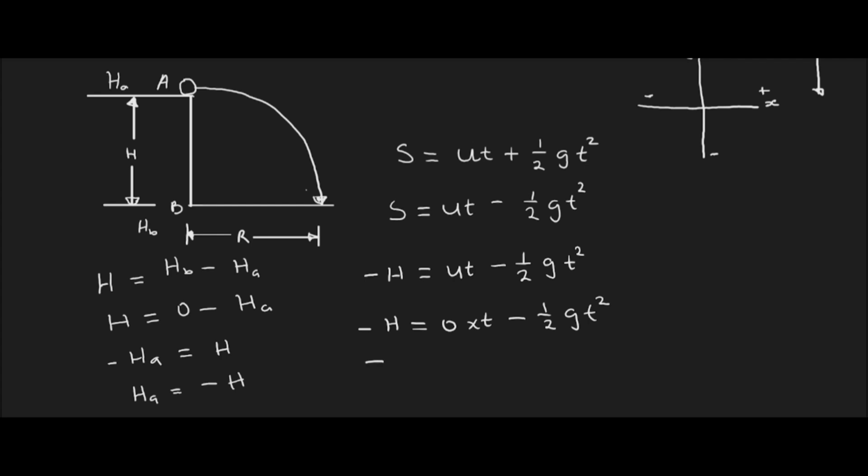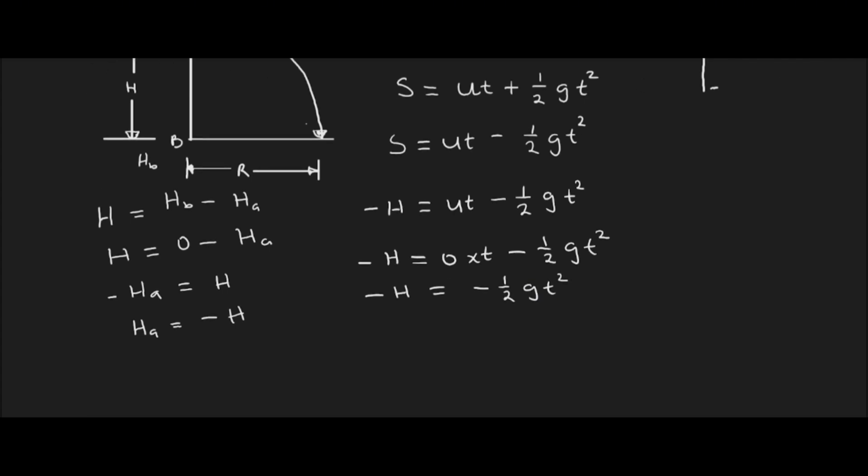Now our minus h equal to minus half gt square. We can multiply both sides of this equation by minus 1, and this will turn to positive and this negative will also turn to positive.